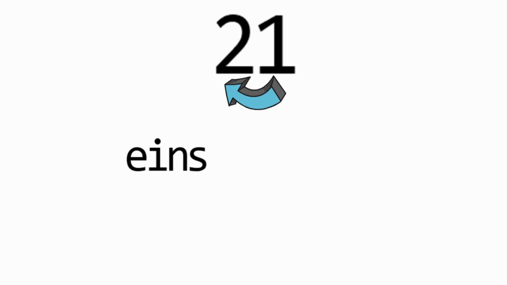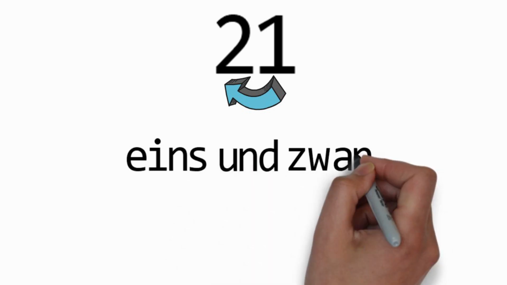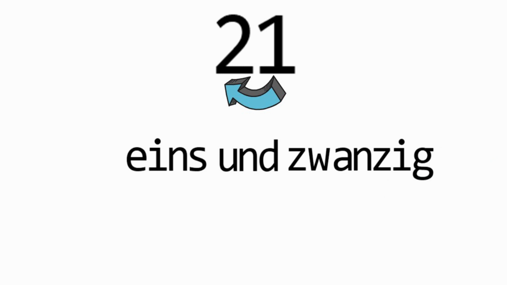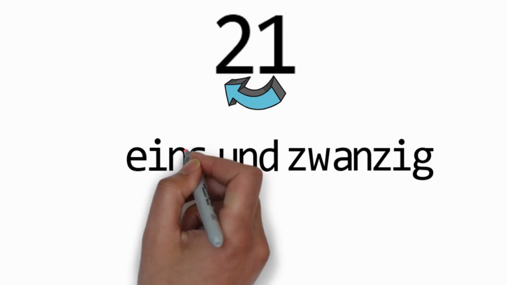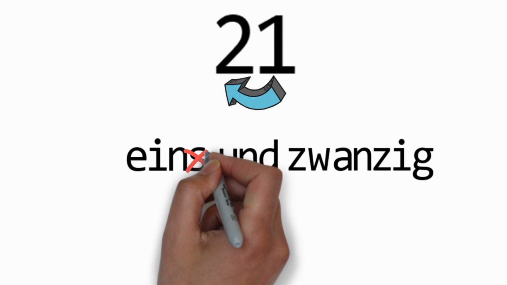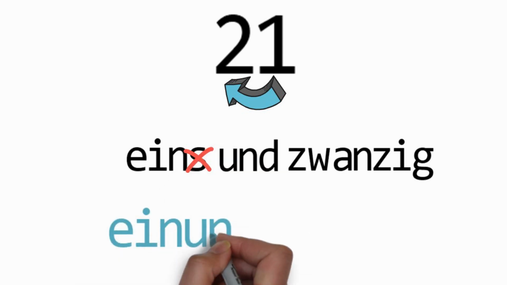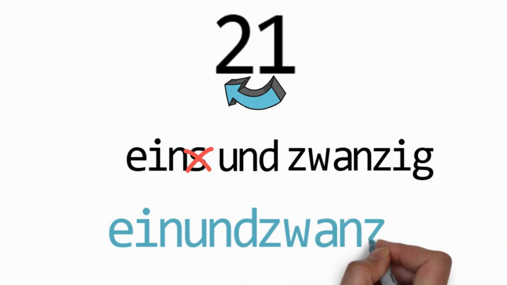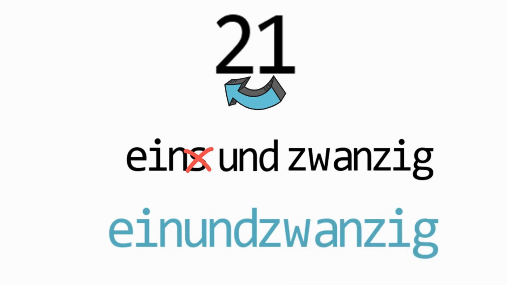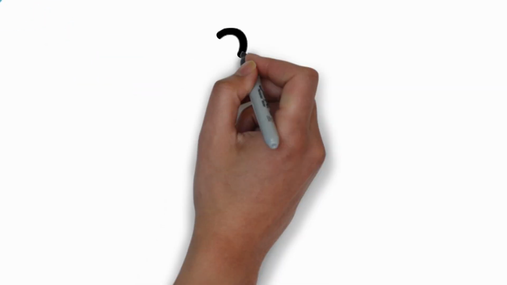We will say eins, then we will put und, which means and, then we have the tens, which is 20. All together, we will cancel the s from eins, so we will have ein und 20. Next number, 22.